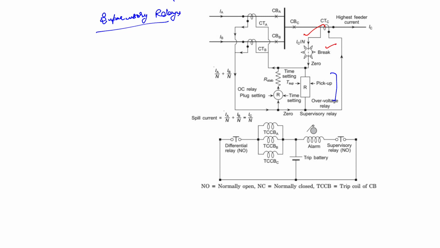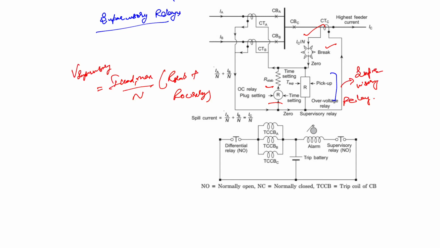It will cause a spill current equal to the current contributed by CT C before the break occurred, that is IC divided by N. This spill current develops a voltage across the series combination of R stabilizing and the overcurrent relay, which is sensed by the sensitive overvoltage relay, the supervisory relay. The supervisory relay is set to pick up at V supervisory, given by I load maximum divided by N, into R stabilizing plus R overcurrent relay.